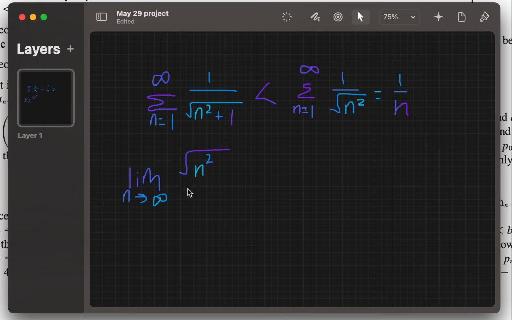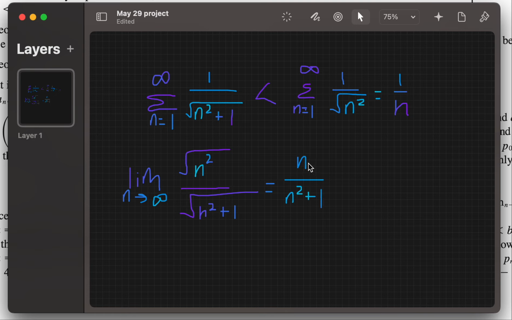This would give you radical n squared over radical n squared plus 1, which is equal to just n over the radical of n squared plus 1, but you're not done here.